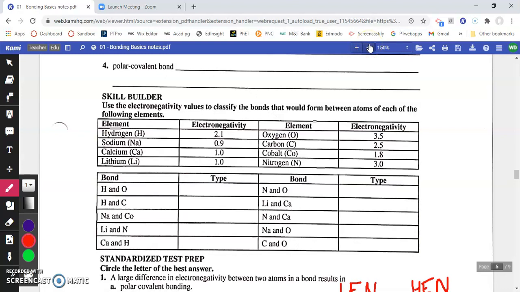let's use this hydrogen and oxygen example.